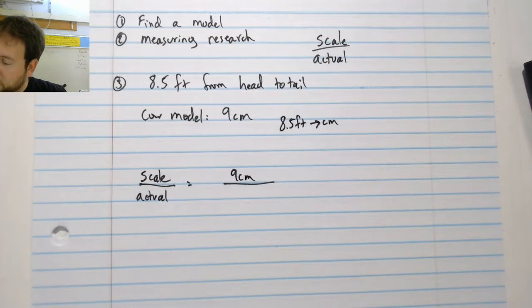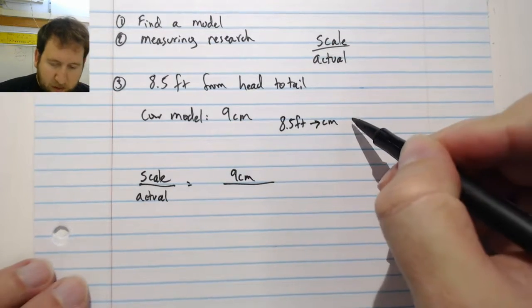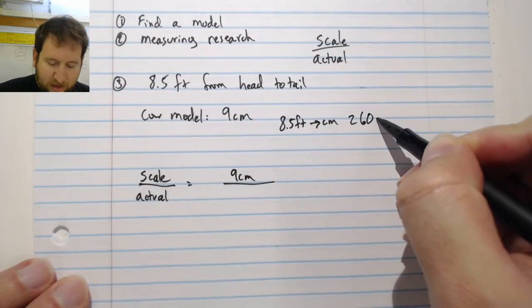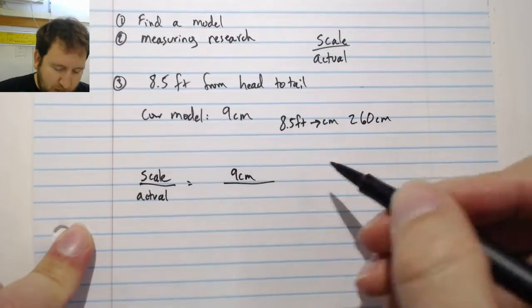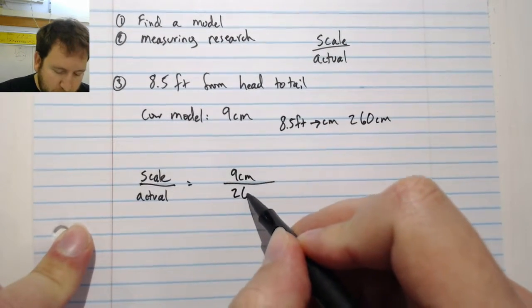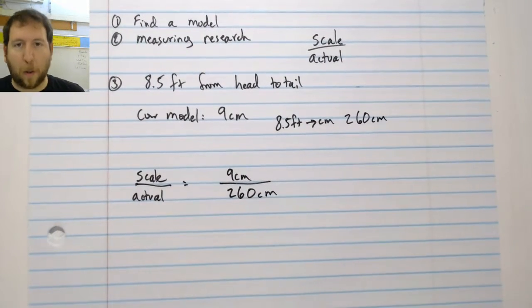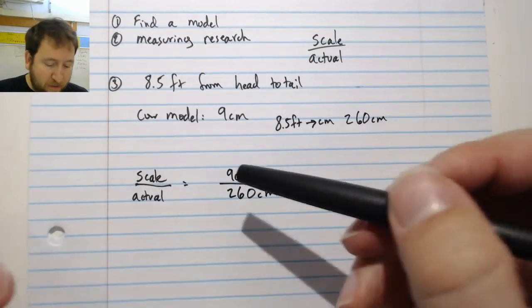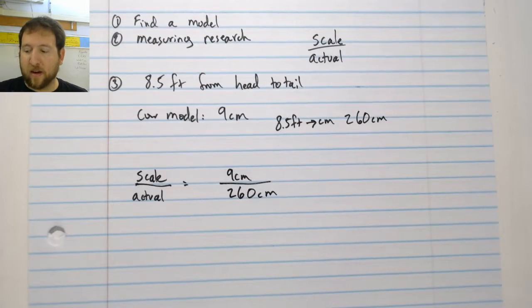So I'm going to do that, 8.5 feet to centimeters, and it tells me it's about 260 centimeters. So my scale to actual is 9 to 260 centimeters. Now I have my scale and my actual, both of them in here.